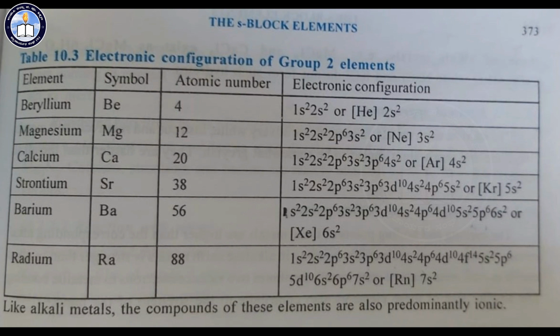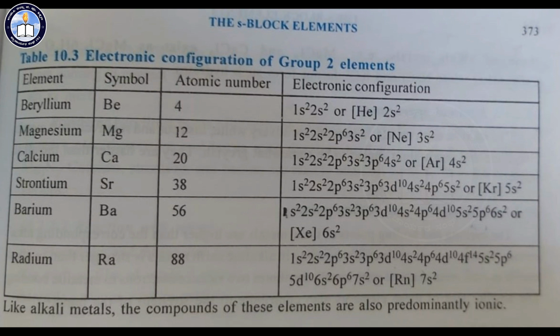Strontium, atomic number 38, its electronic configuration 1s2 2s2 2p6 3s2 3p6 3d10 4s2 4p6 5s2 or krypton 5s2. Barium, atomic number 56, its electronic configuration 1s2 2s2 2p6 3s2 3p6 3d10 4s2 4p6 4d10 5s2 5p6 6s2 or xenon 6s2.